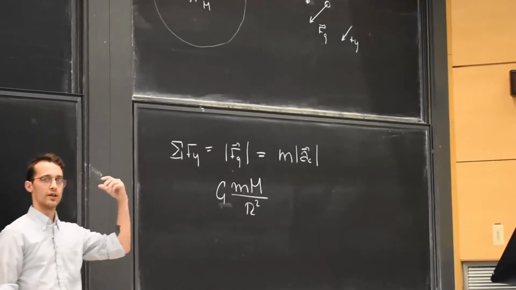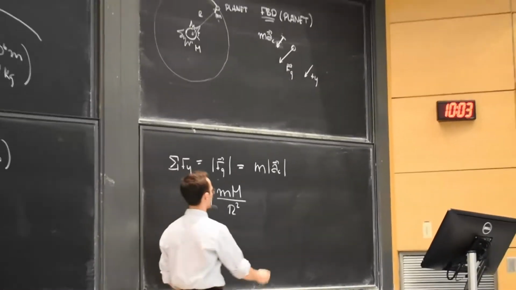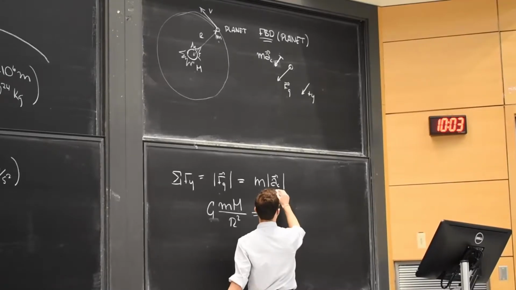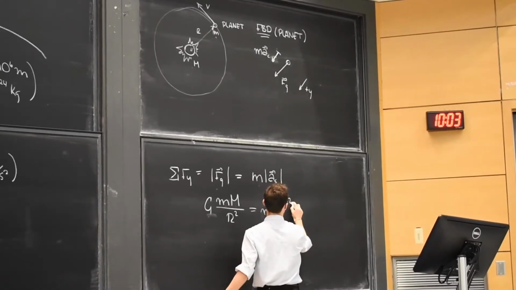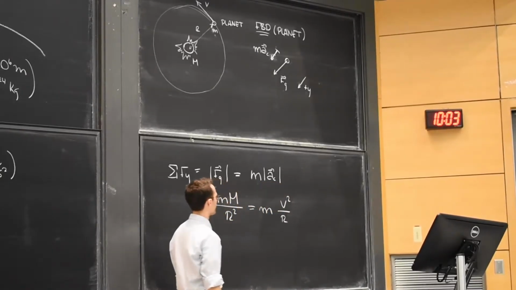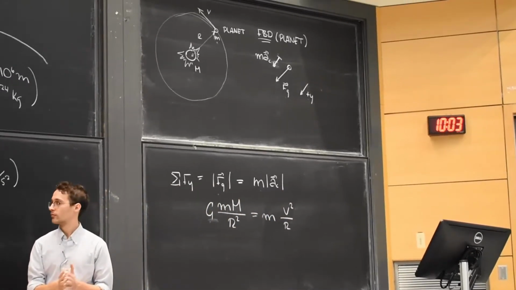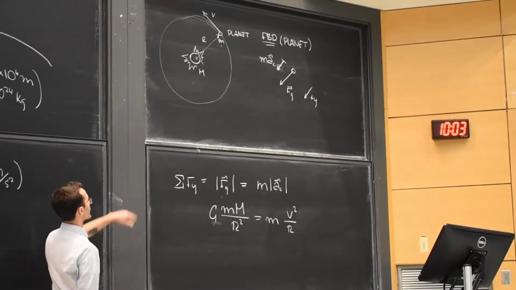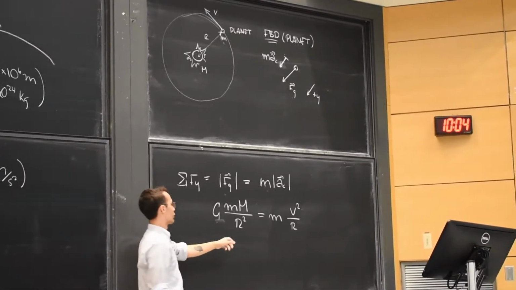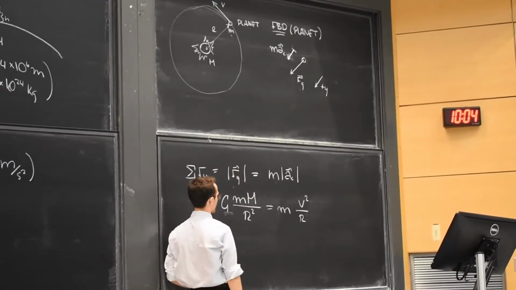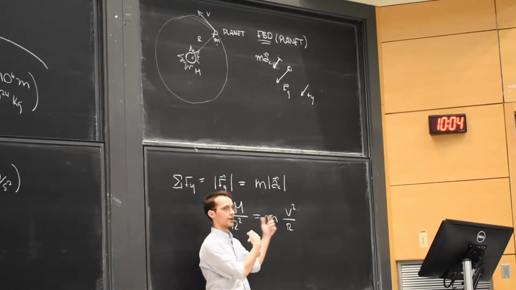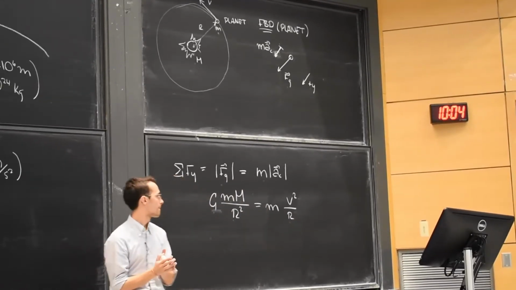That's the left-hand side. The right-hand side is our little mass m times centripetal acceleration, which goes as v squared over r, the radius of curvature. And since in this case the sun is sitting at the center of our circle, the separation distance and the radius of curvature are the same. We don't have to worry about them being different.